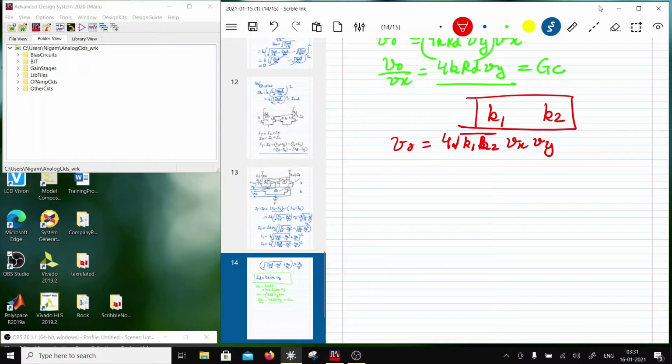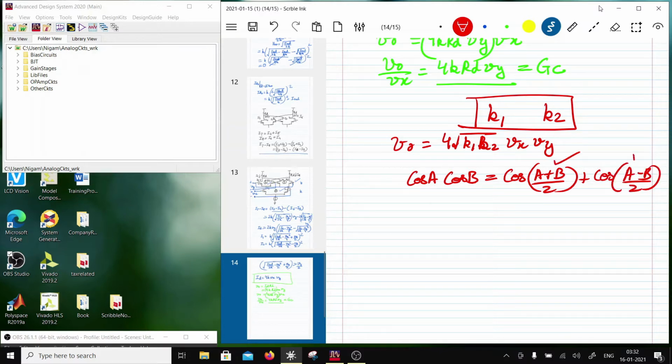Now if the signal is cos A into cos B, that is going to be equal to cos of (A plus B) by 2 plus the difference term. I might be wrong in trigonometry, but what it will give you is the sum and difference signals.